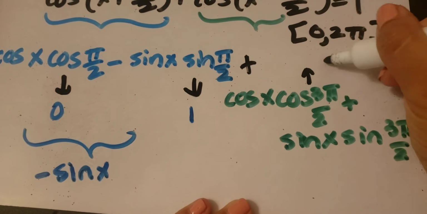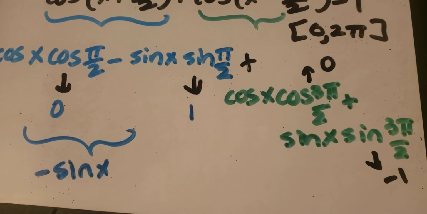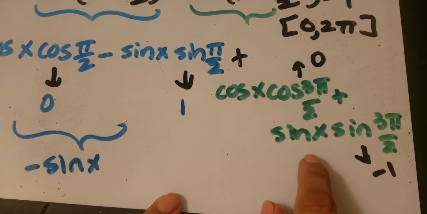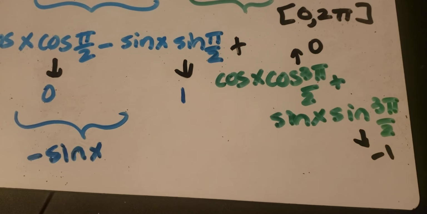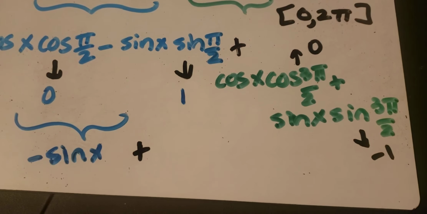So we have cosine of x times 0, which is just 0, and sine of x times negative 1. That'll give me negative sine of x.